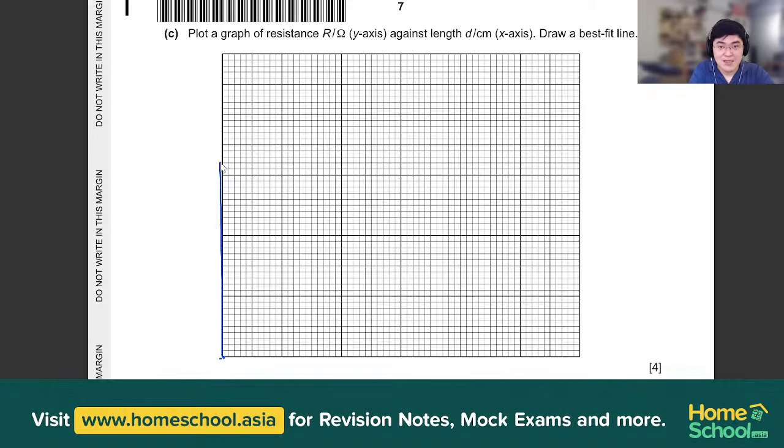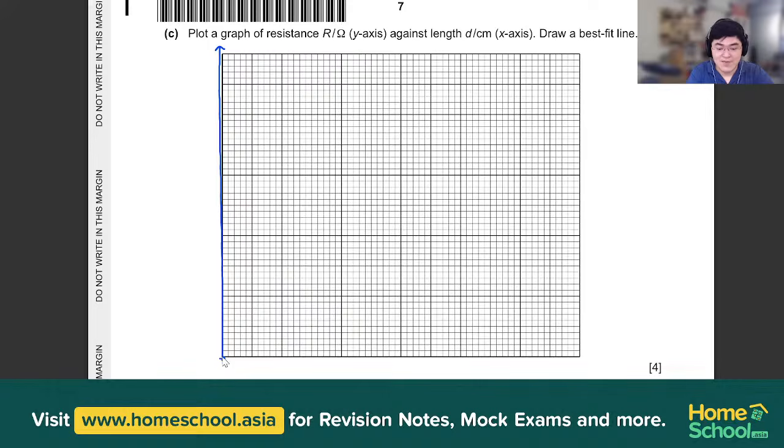So first things first, let's draw the axis over here. Okay, pardon this. I'm going to show you guys a better drawn graph over here in the future. So not to worry if my drawings are not perfect.